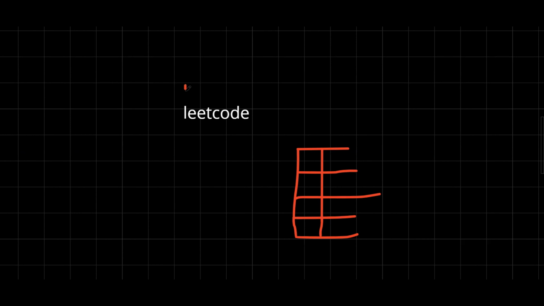Suppose currently we are at this element L. So L appears 1 time, E appears 2 times, T appears 1 time, C appears 1 time, then O appears 1 time, then D appears 1 time, then here E appears finally, so E appears a total of 3 times.